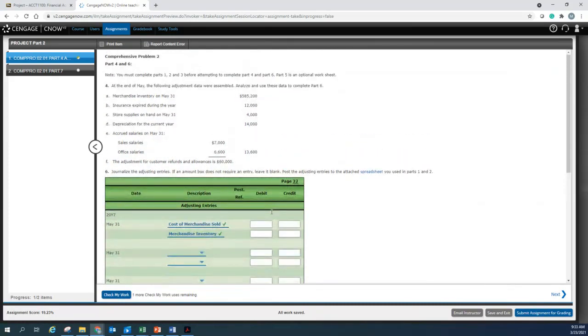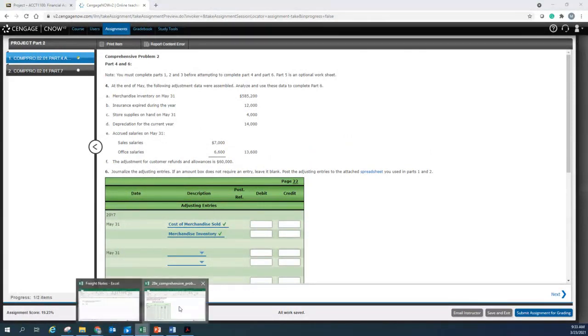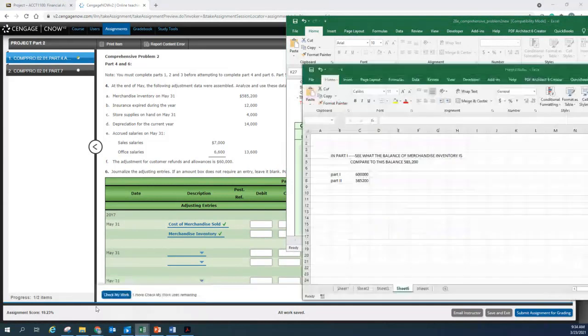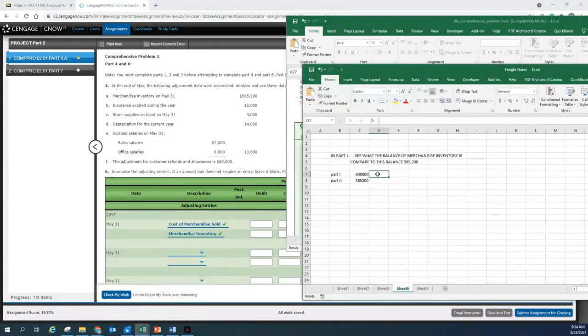Excellent, Andrew. Okay, so the inventory decreased because in part 1, the balance will be higher. And now we see at the end of the period, it is lower, meaning that inventory decreased.